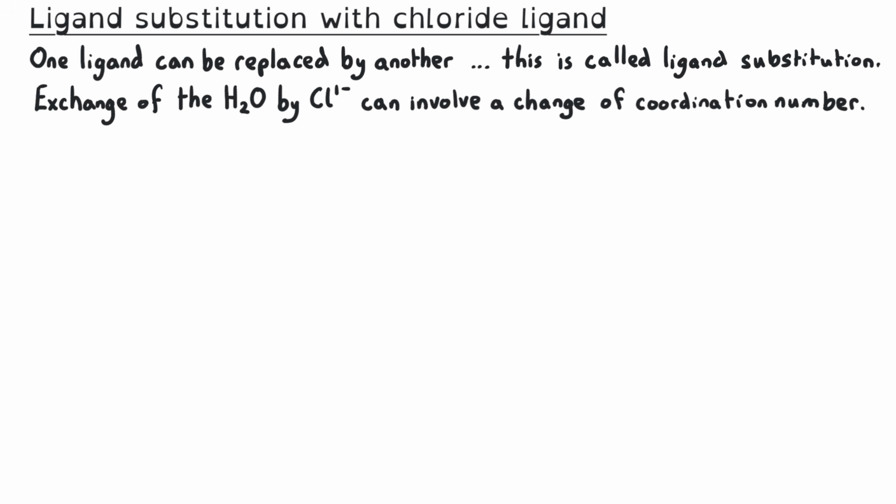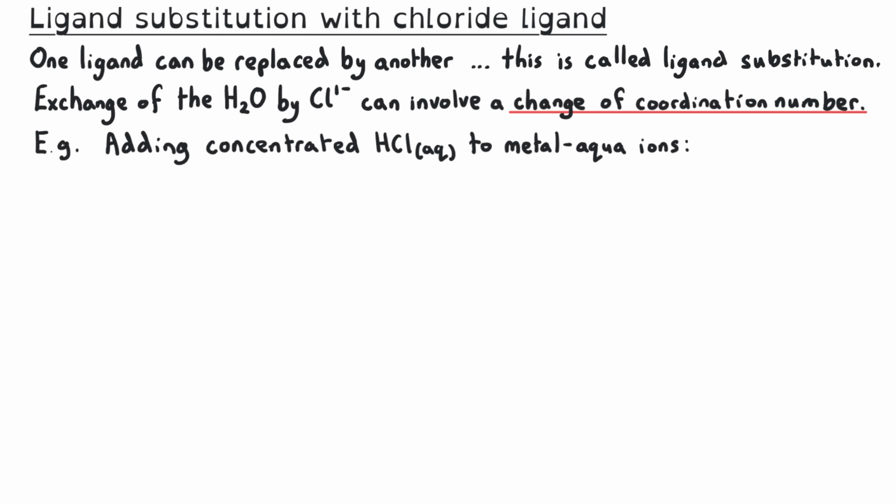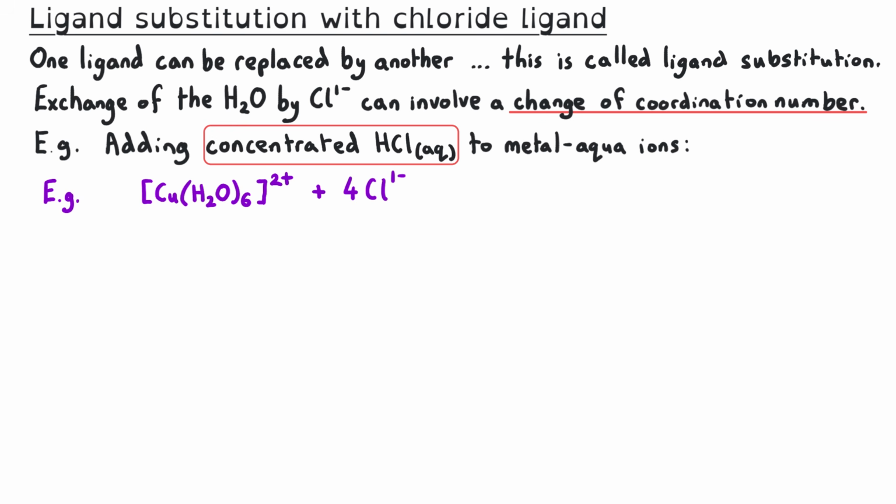The exchange of water ligands by a chloride ion can involve a change of coordination number. For instance, if we add concentrated hydrochloric acid to metal aqua ions, we get a change of coordination number from 6 to 4. You can see this in the equations that I'm showing here.